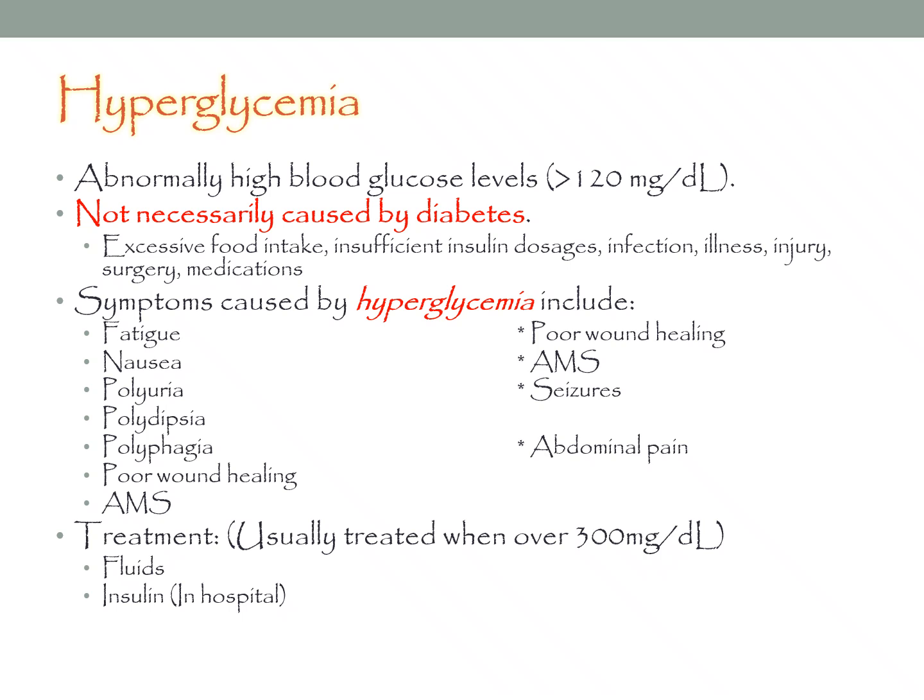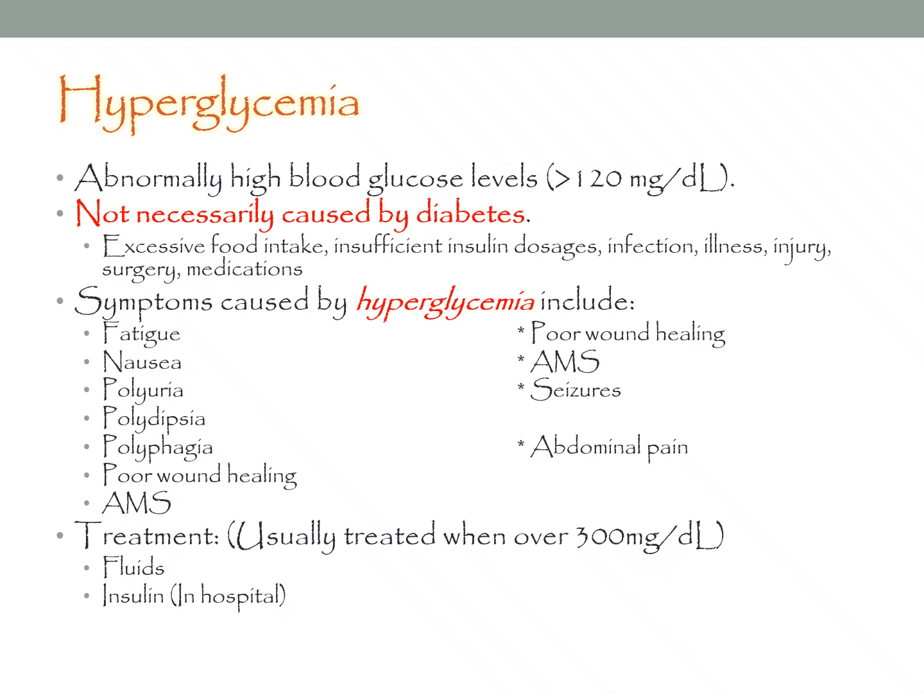Generally, our symptoms don't appear until blood sugar gets a little bit higher. And for us in the pre-hospital care environment, we do not treat hyperglycemia until it is over 300 milligrams per deciliter. Remember, it's not only diabetics that can become hyperglycemic, but it is more common in diabetics than in the normal population. Just like we learned earlier when we learned about the onset of diabetes, the signs and symptoms of hyperglycemia are listed below, the ones that we'd already spoken about.